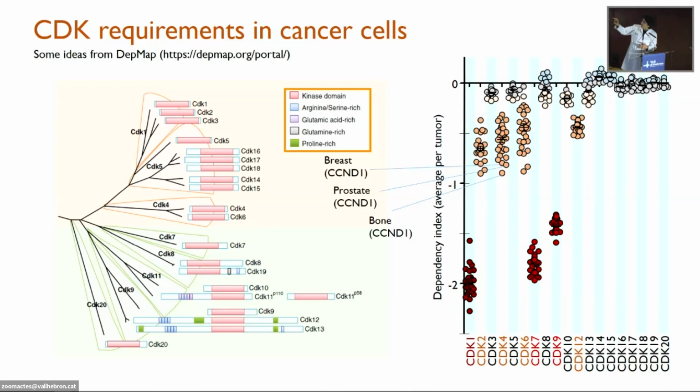So number one, the most dramatic effect is, for instance, bone, and this is with cyclin D1, one of the cyclins. Second one is prostate, third one is breast. They are very similar. So that means that specifically these tumor types are very sensitive to CDK4, but maybe not other cell types, right?